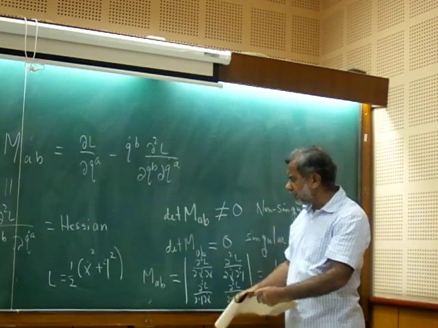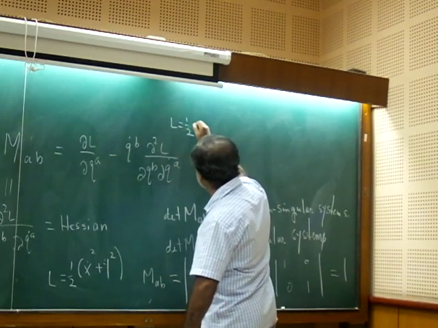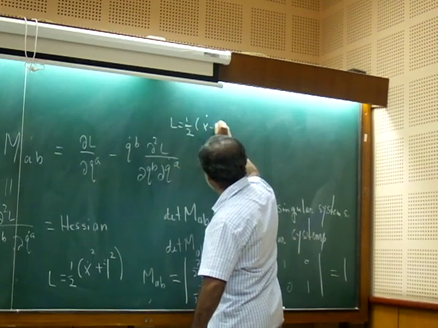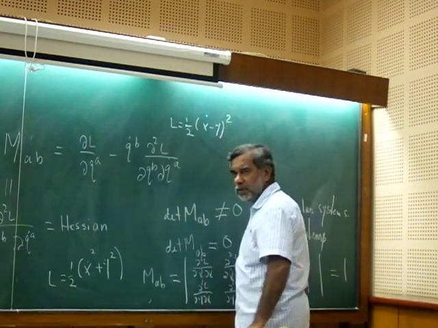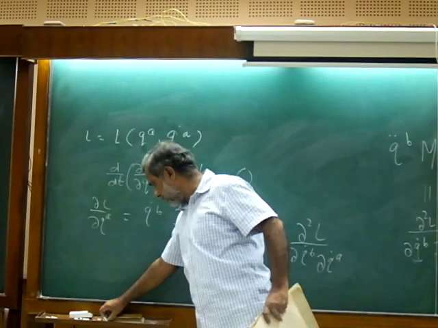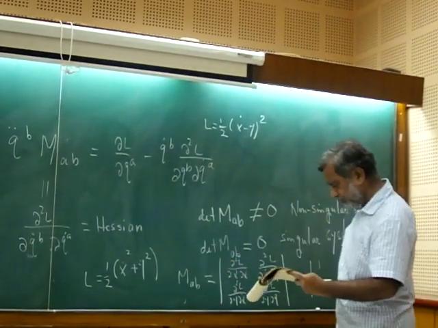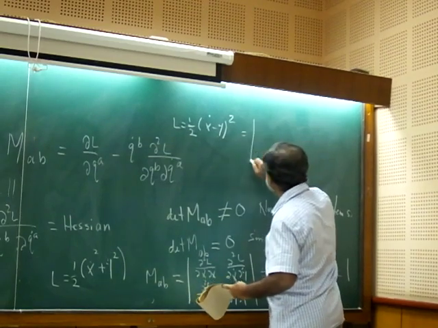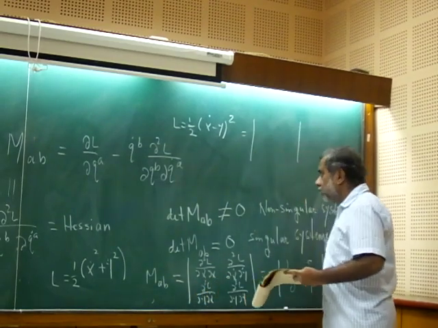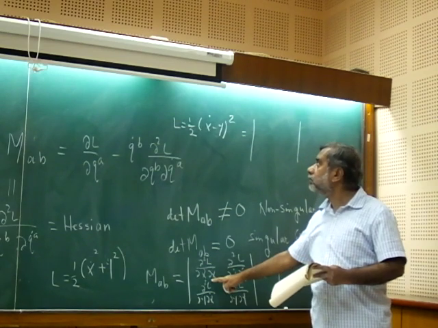On the other hand, if you had this example, now if you compute the Hessian, you will see that it's a bit different. So you have for x dot, right?